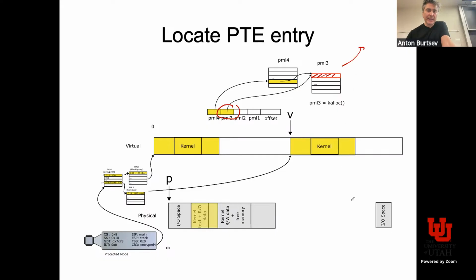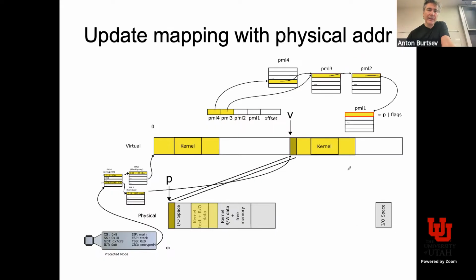If it's not allocated yet, we again go to the allocator, allocate PML2, connect them, and do the same from PML2: use the next 9 bits and check whether this entry is already allocated. It might be, might not. If it's not allocated, you allocate this PML1 node.